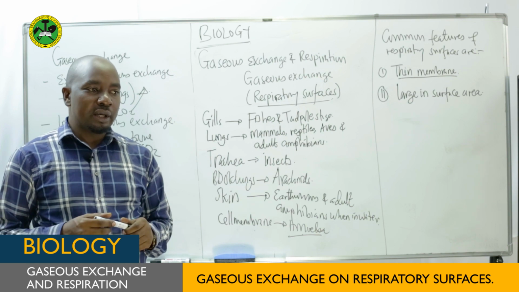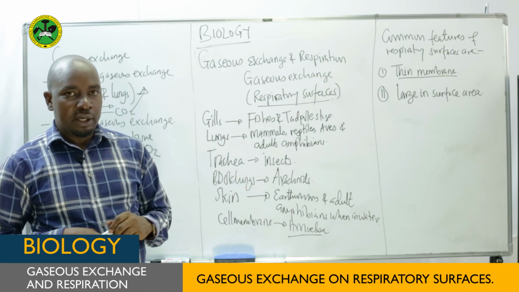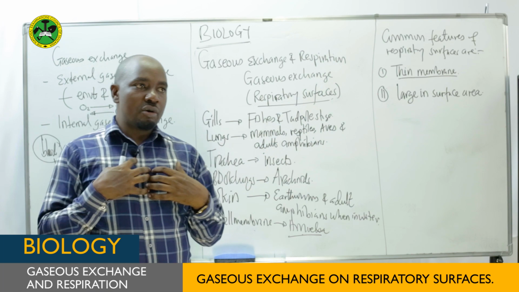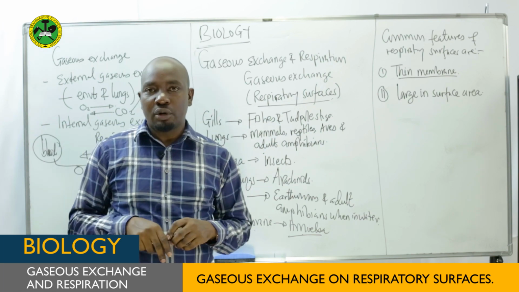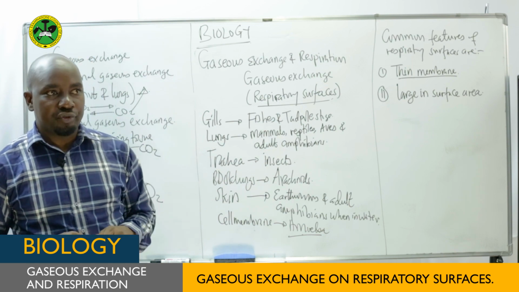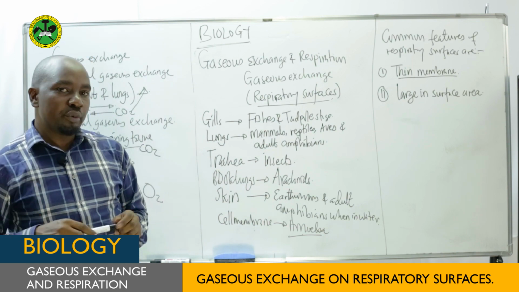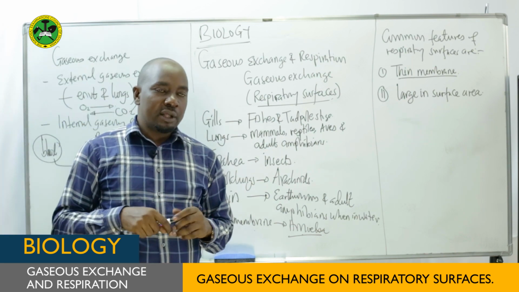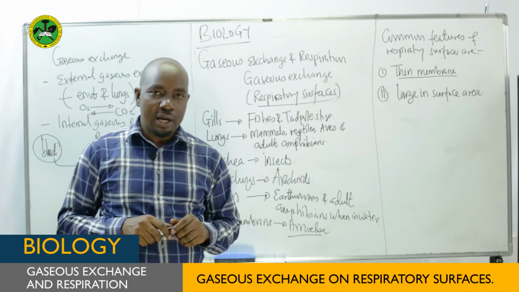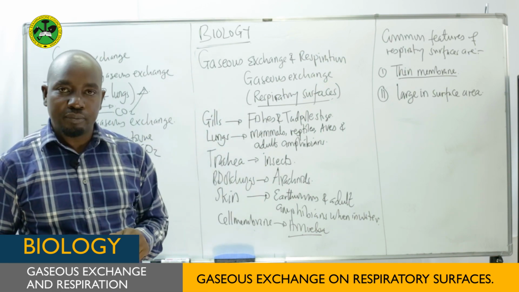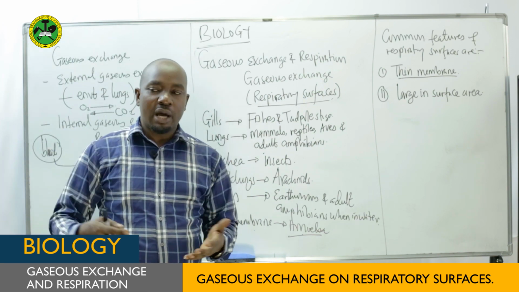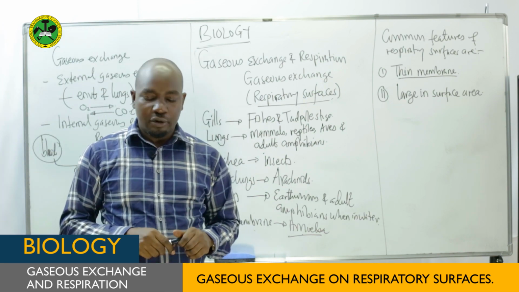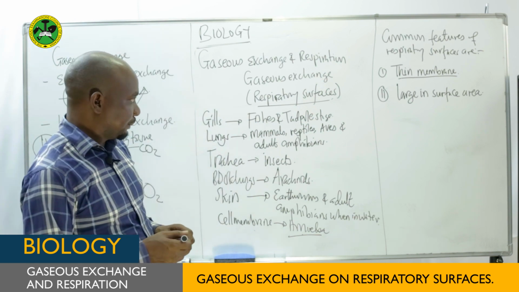For instance, the human lungs occupy the chest. All the chest cavity is occupied by the lungs. In proportion with the other body parts, the lungs take a large surface area of the body compared to the other organs in order to maximize the exchange of the respiratory gases.